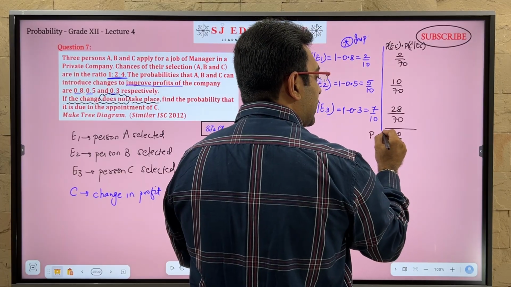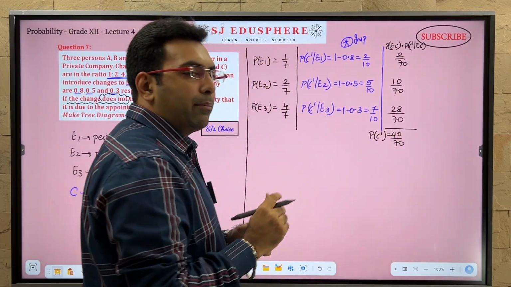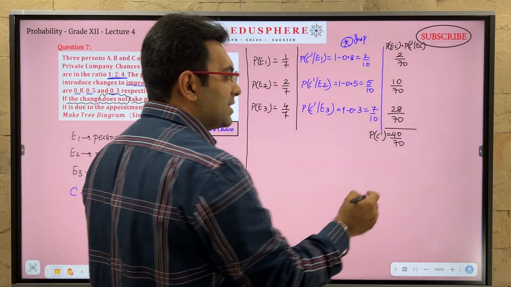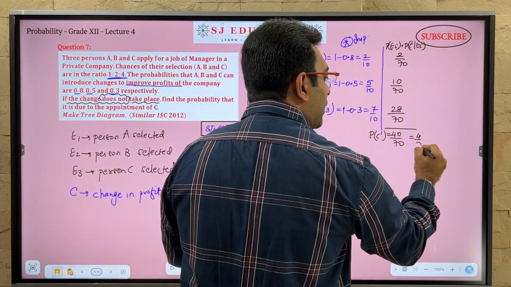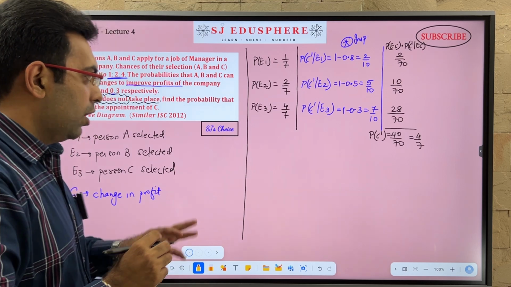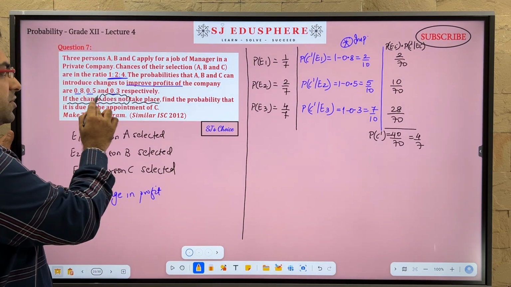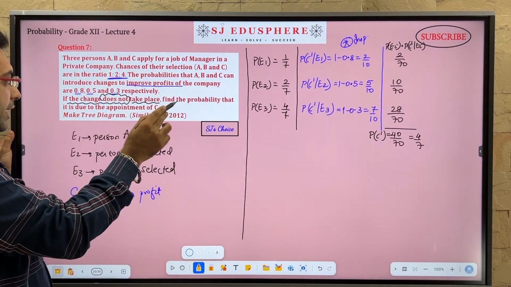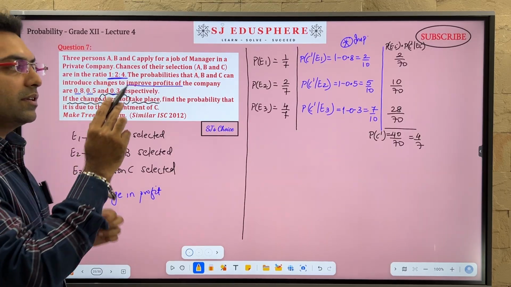So probability of change not happening in profit is 40 by 70, which is 4 by 7. Now my question says, if change does not take place, it is due to appointment of C.